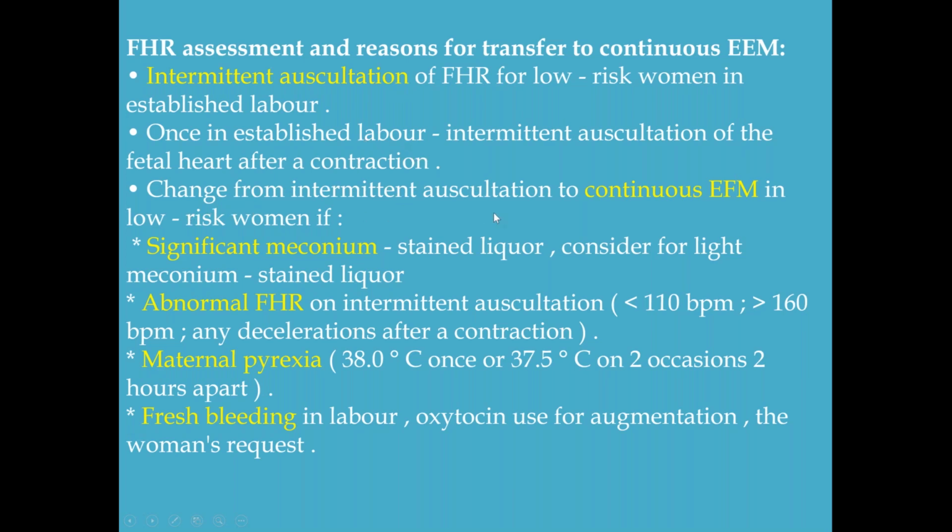We shift from intermittent auscultation to continuous electronic fetal monitoring in the low risk woman in special cases, if one of these occurs: significant meconium, abnormal fetal heart rate on intermittent auscultation, maternal pyrexia, fresh bleeding in labor, oxytocin used for augmentation, or if the woman requests it. These are the causes.